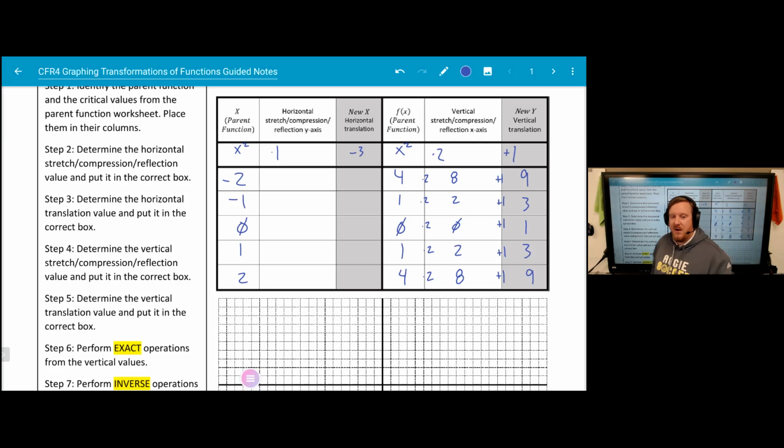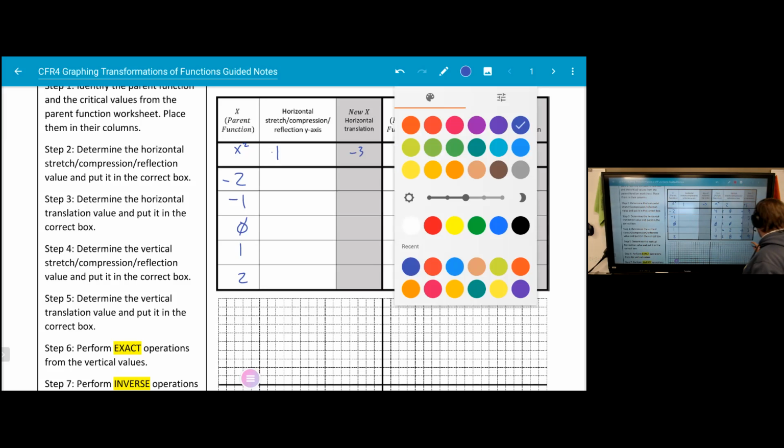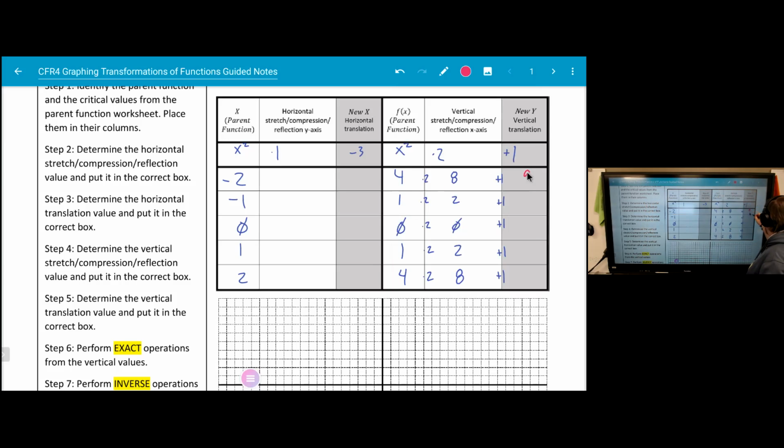What we have just found is the y parts, or the f of x part, of the critical values, the transformation that we're making from them. In fact, they're so important, I'm going to put them in a different color. 9, 3, 1, 3, 9.